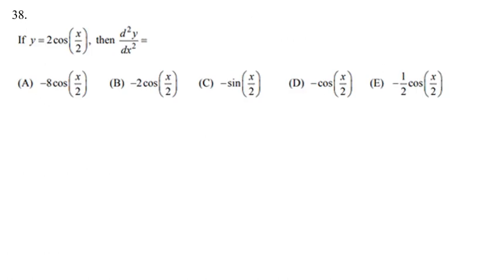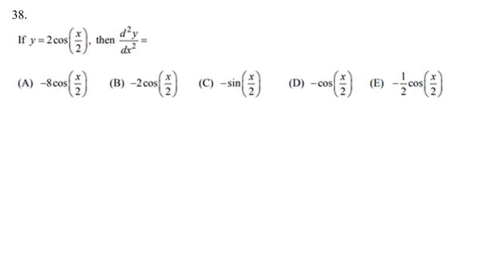Here's one that I feel is honestly more typical, the easier ones where the chain is a constant multiple on the inside of a function. y equals 2 cosine of x divided by 2. They're going to ask for the second derivative, but I think we're going to be able to work with that.